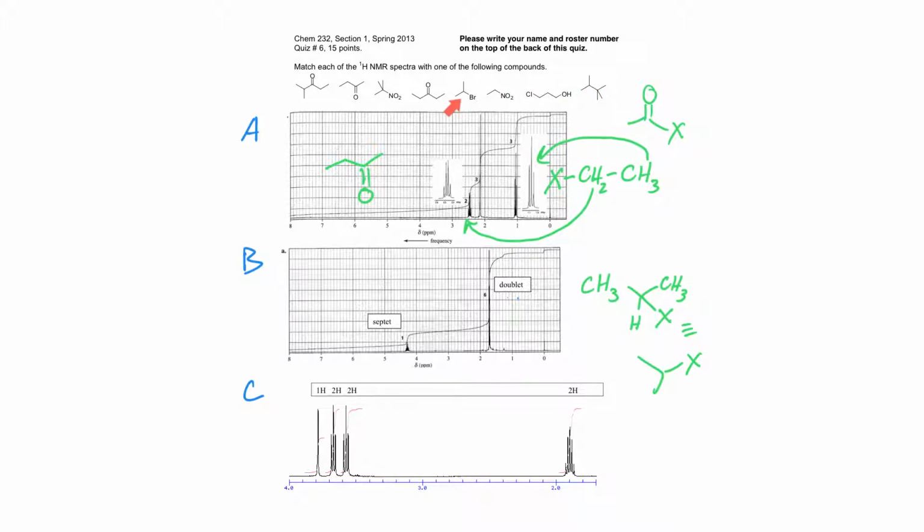So the likely candidate is isopropyl bromide. Bromine is a strongly electron withdrawing atom, and so it is likely that it has a pretty good chemical shift of the CH that's right here. And so I think that isopropyl bromide is the best choice for this spectrum.